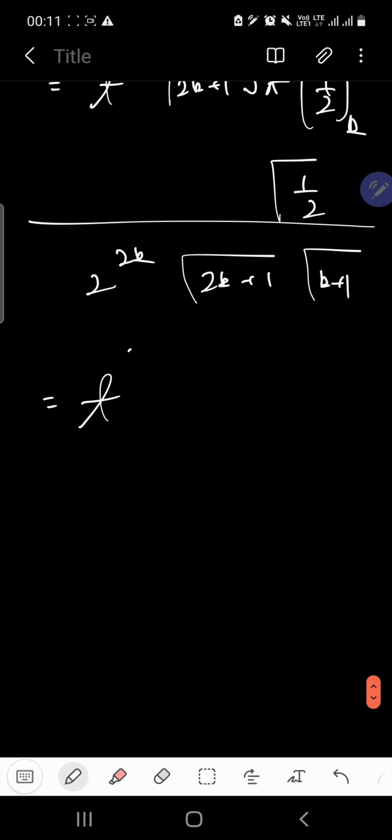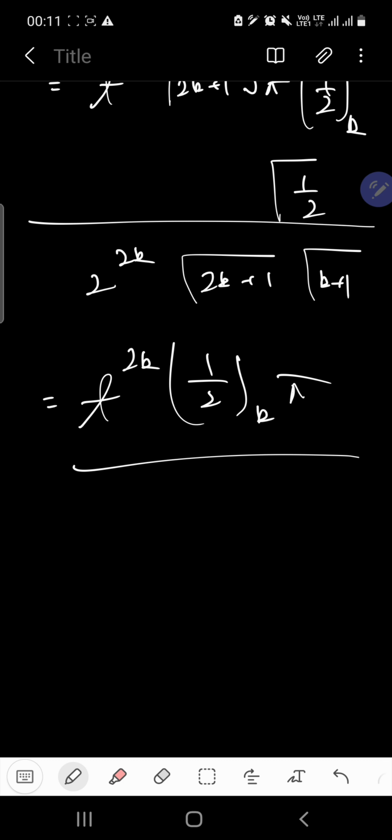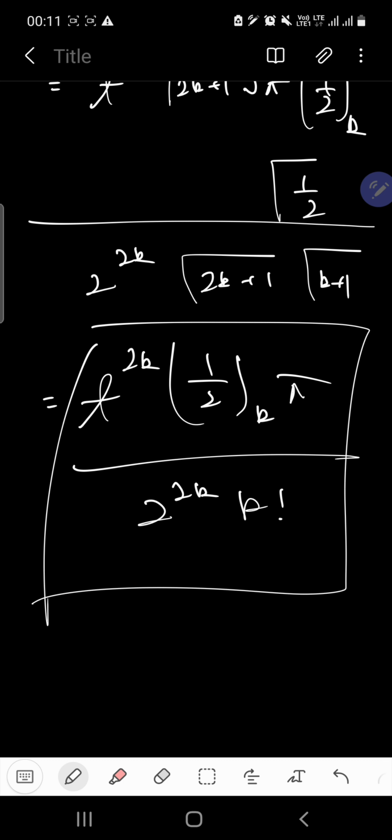This becomes t to the power 2k, half, here you have k, here you have pi, and bottom you have 2 to the power 2k k factorial. I guess it's clear. This is the result. Okay, so you understood what is the direct application of the previously found result. Okay, so this is for today guys. In the next lecture we will be talking about something else. We will be meeting in the next lecture.